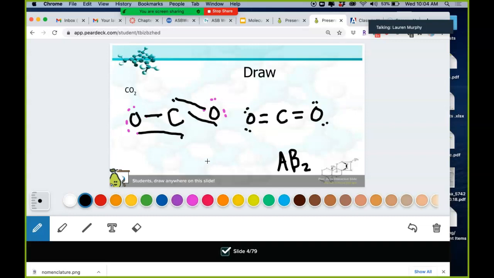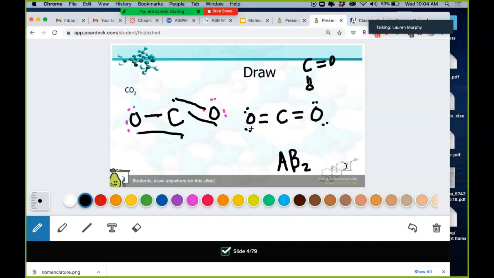Now, if I were to draw this like this, you see how close these electrons are in these bonds and these bonds? It wouldn't want to do this because these electrons right here repel these electrons right here. So they'd want to orient themselves as far away from each other as possible. That is this concept of the VSEPR theory. So pretty much this is as far away as they can get from each other.